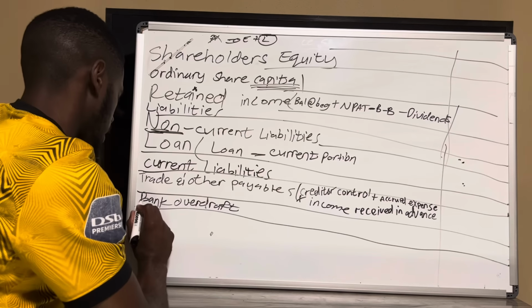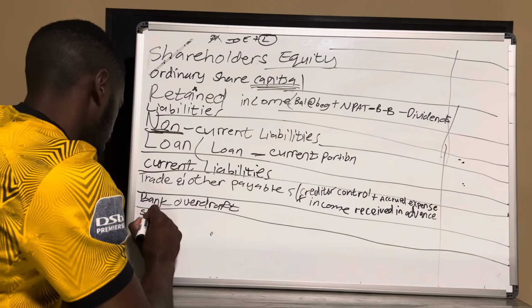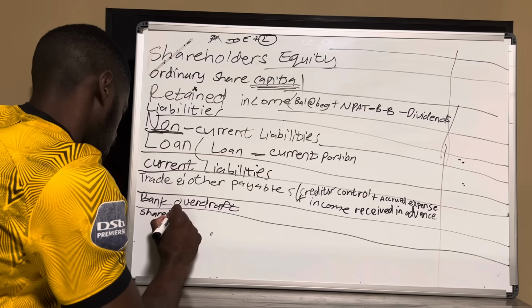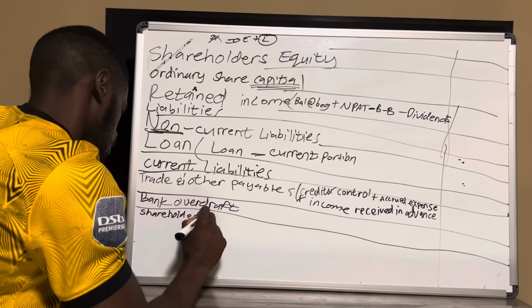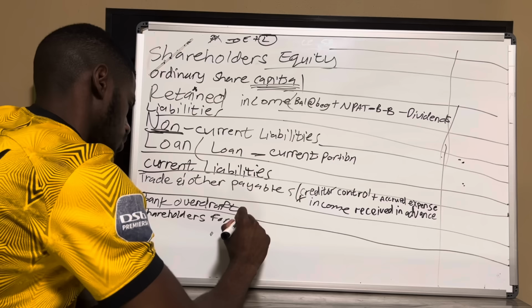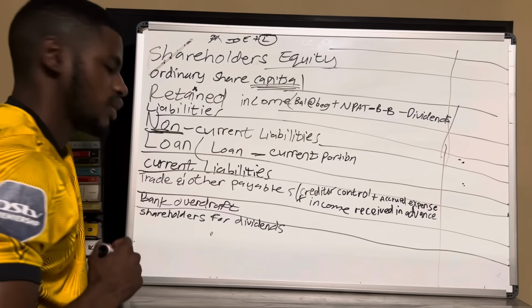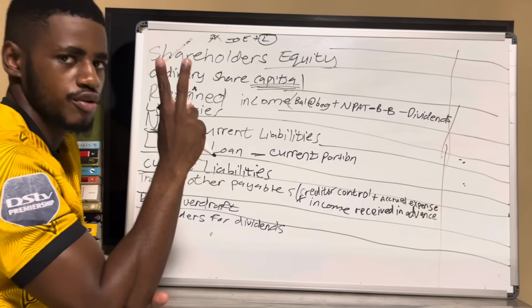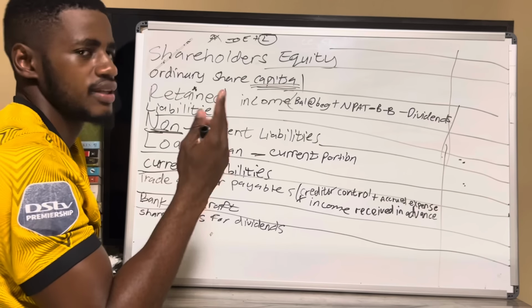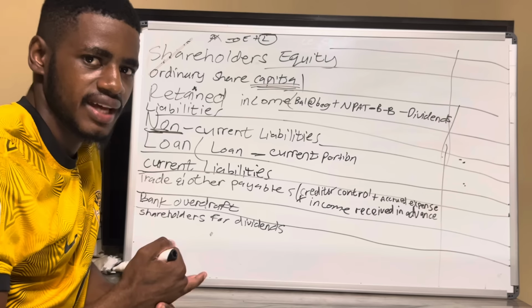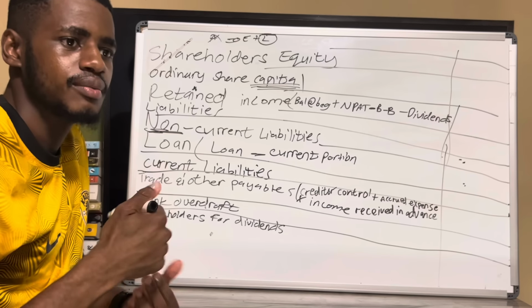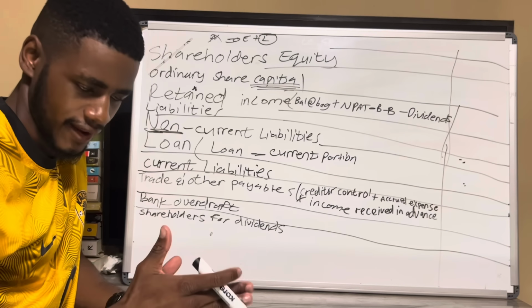And then we have shareholders for dividends. Remember, we have two types of dividends: interim dividends and final dividends. Interim dividends are paid out during the year.